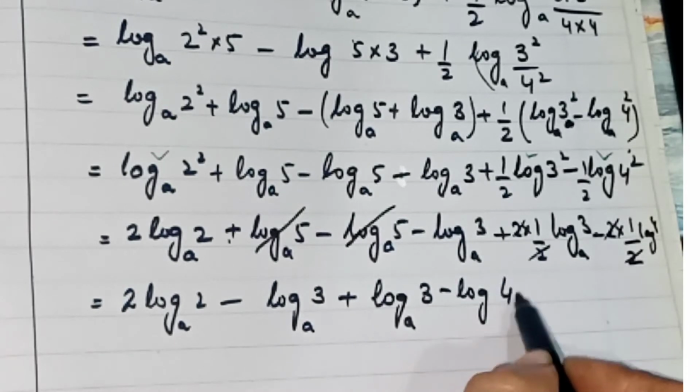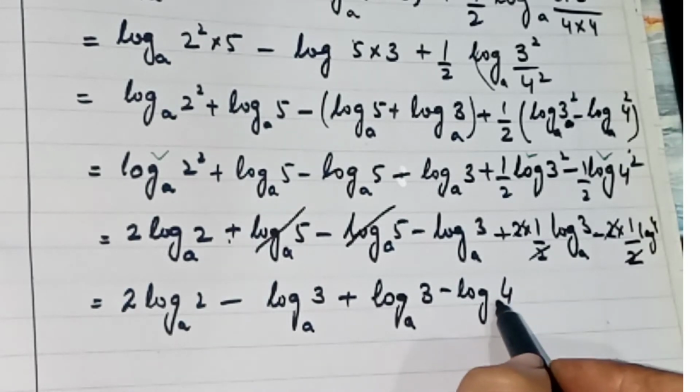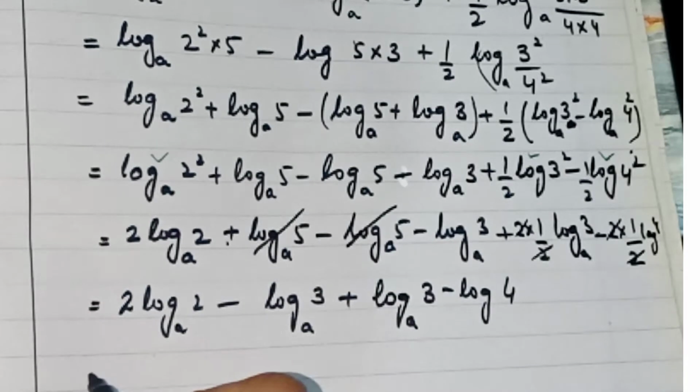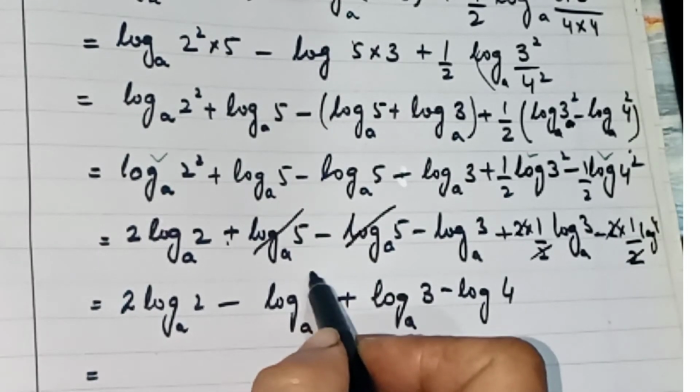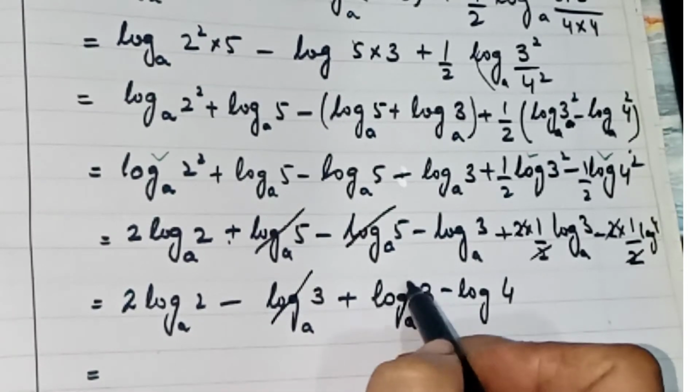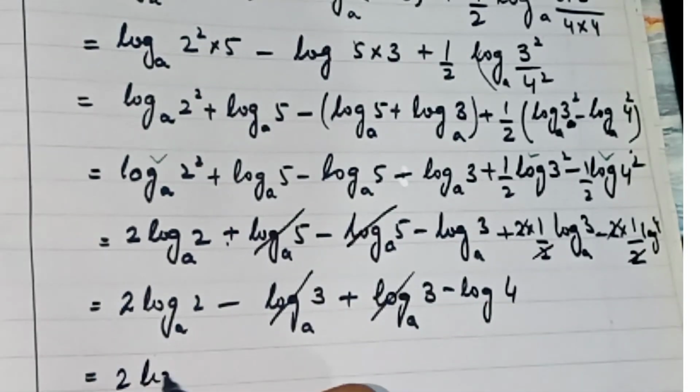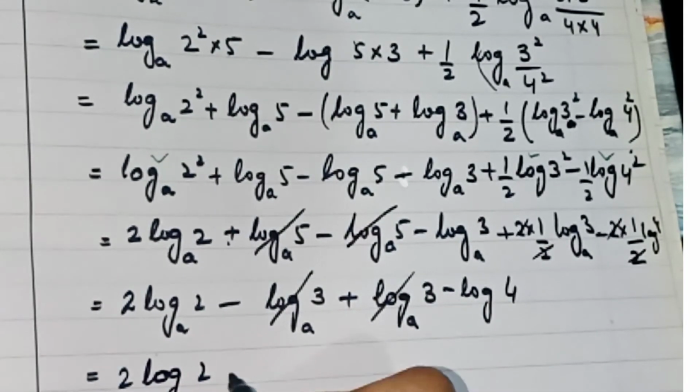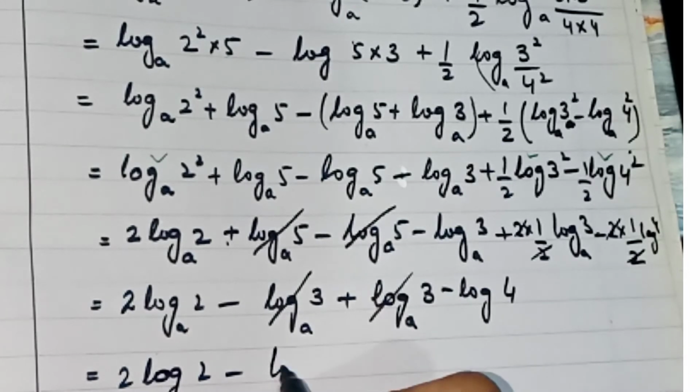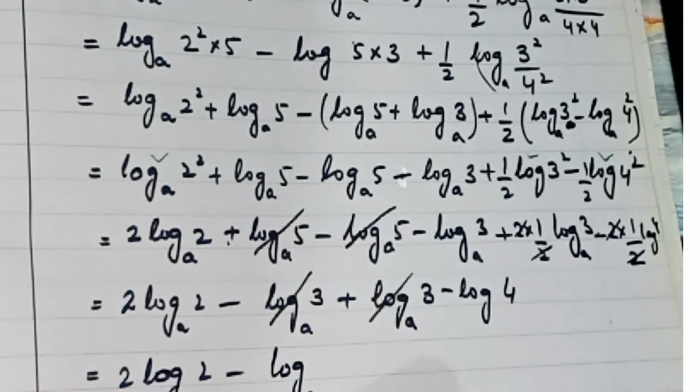It is not a prime number, so we can convert it into its factors. In this step we can cancel log of 3 with minus sign and log of 3 with plus sign together. Log of 2 minus log of 2 square.